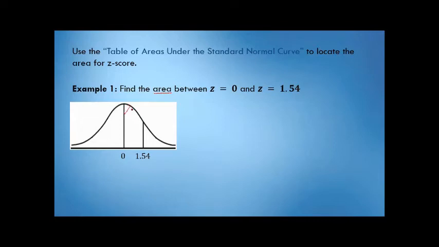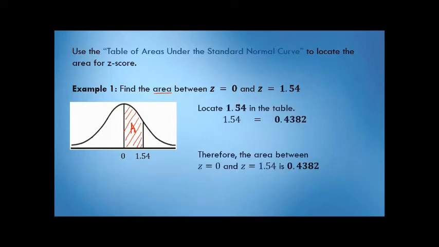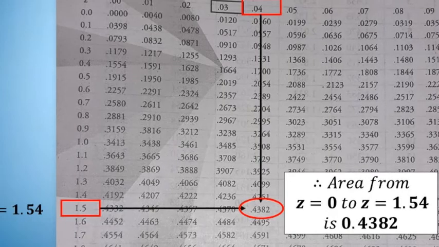So, mula 0 hanggang 1.54. So, i-label natin yan na area. Okay, so ito yung pinapahanap na area. Okay? So, the next solution will be like this. I-locate natin sa table yung 1.54.